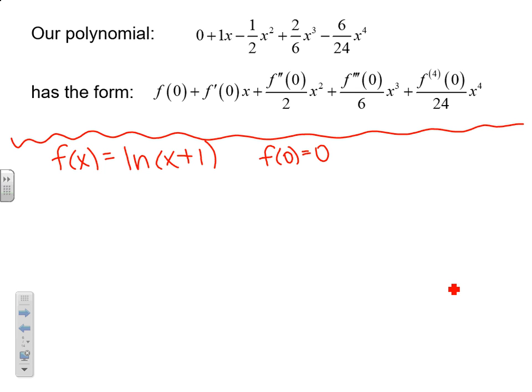Okay, so what I showed you was us developing the Taylor polynomial before you knew what a Taylor polynomial was. So now I'm saying, if this is your function and we're centering at 0, then you would first evaluate the function. Then you would find the derivative and evaluate the derivative.